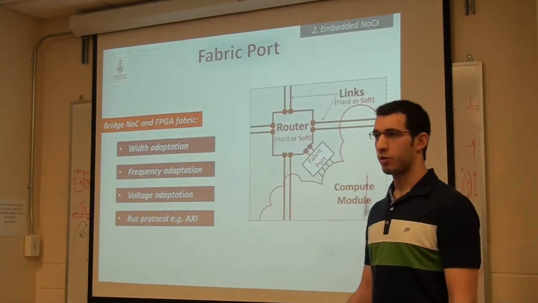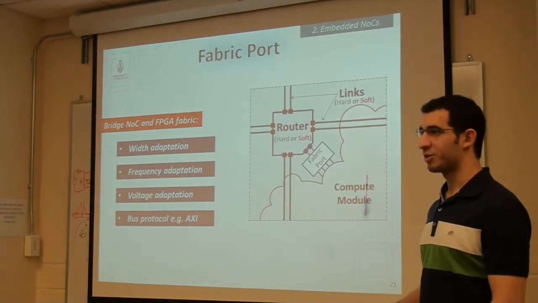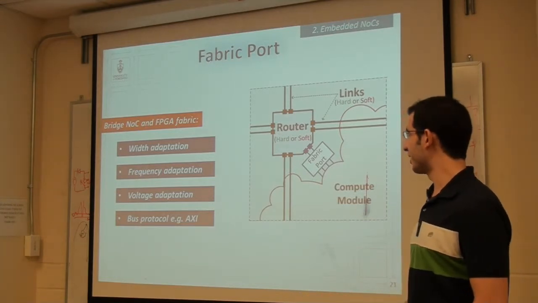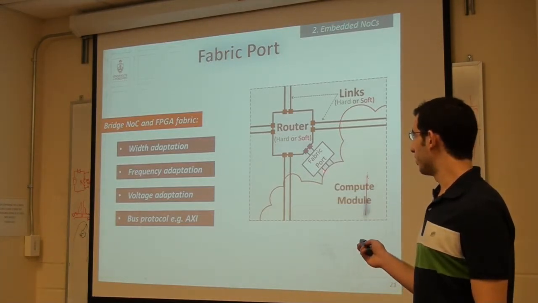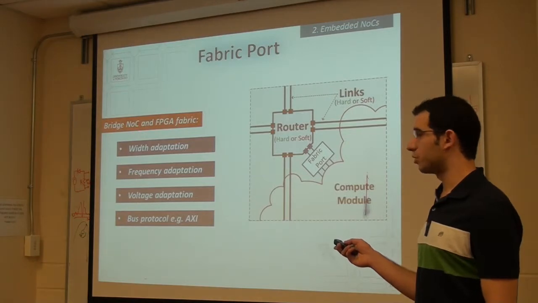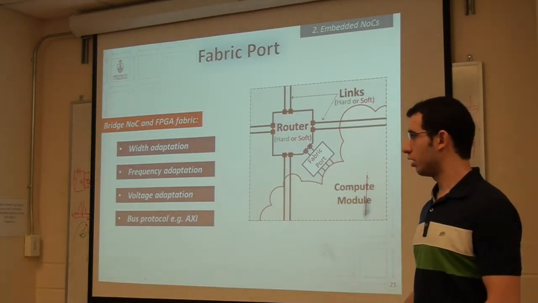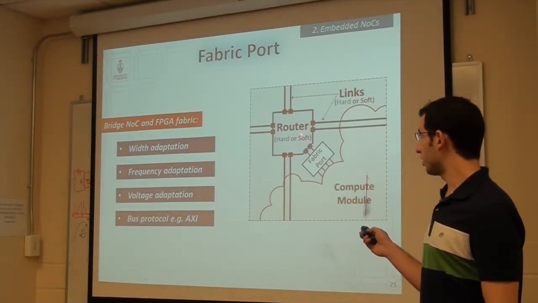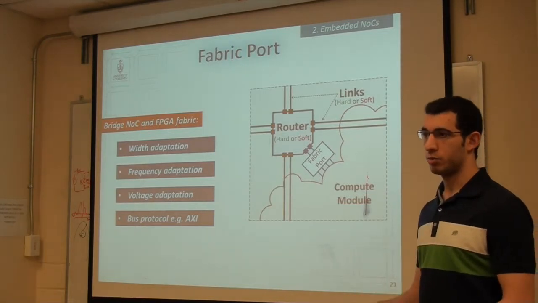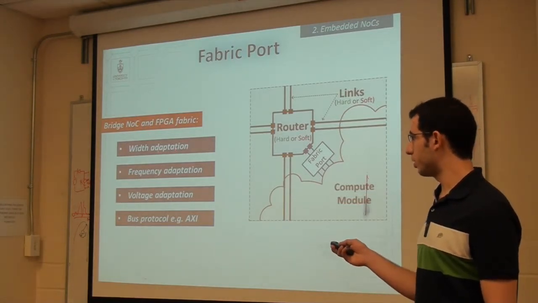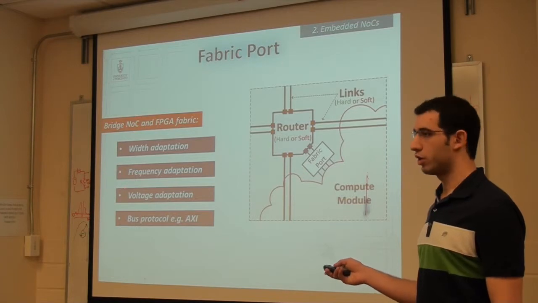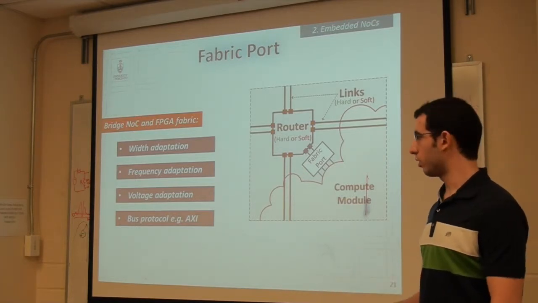Now, I sort of glossed over the fabric port before. I'll gloss over it again now. I'm not giving the details yet, but it's basically a bridge between the NoC routers and the FPGA fabric. So because our network will run faster and possibly at a different voltage, we need width adaptation and frequency adaptation and voltage adaptation between those 2 things.